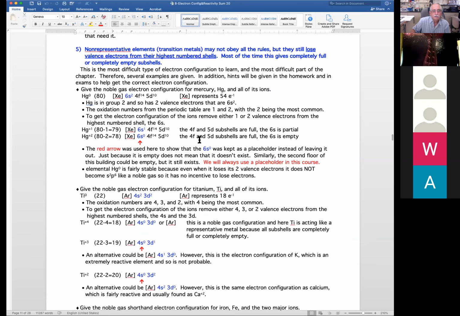So then, what do the non-representative elements do? They may not obey the rules, but they still lose valence electrons from their highest numbered shells. If we looked at what they normally do, because they can't be like a noble gas for the most part, what they normally do is they'll do whatever they need to do to either get a completely full or completely empty subshell.